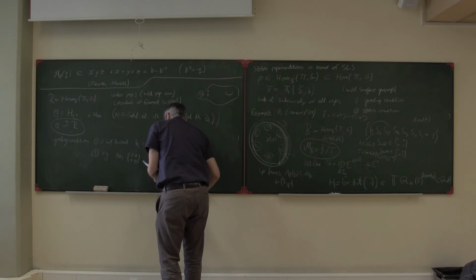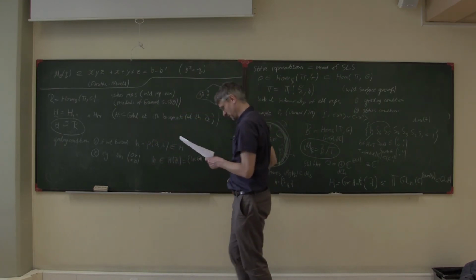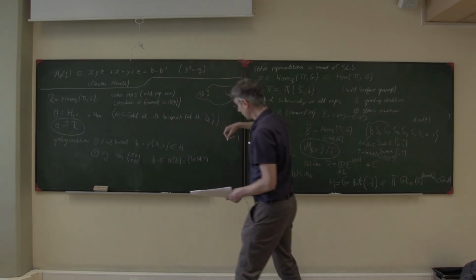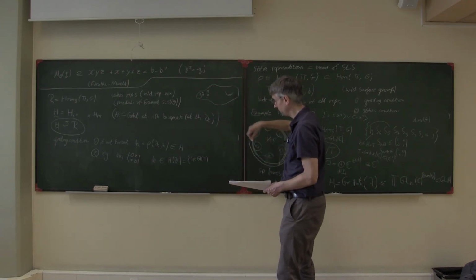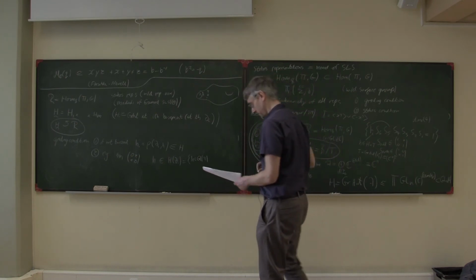It's the set of h in GL of this standard fiber at the ith point, so GL(F_i), such that, so it goes back to this condition that the blocks have to be permuted in the same way as the monodromy of the cover.